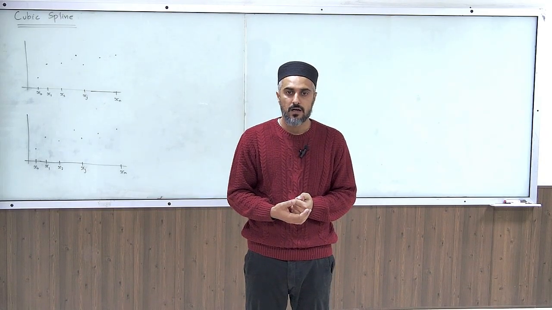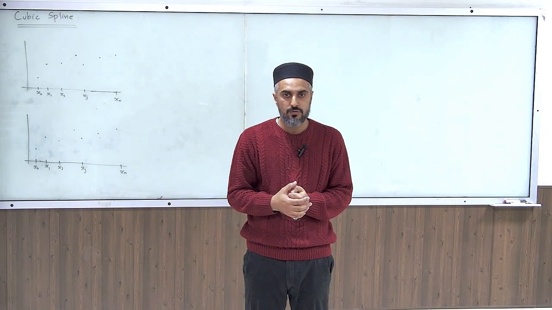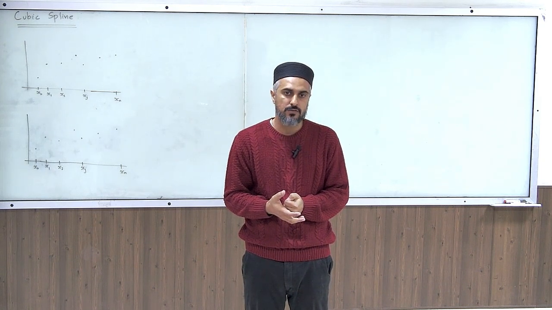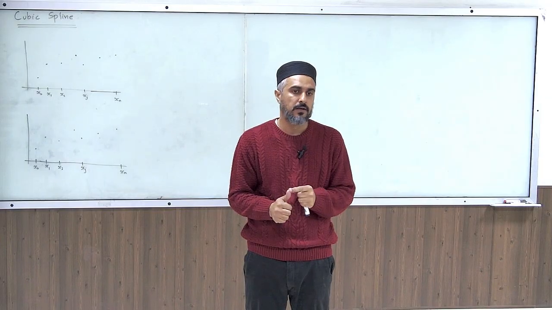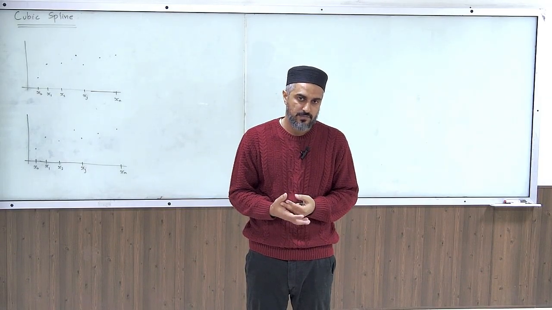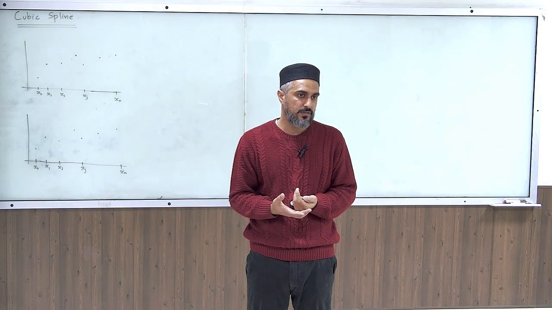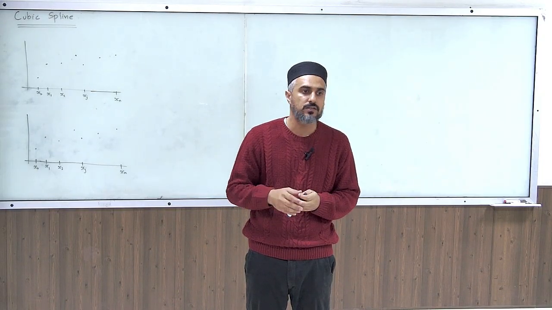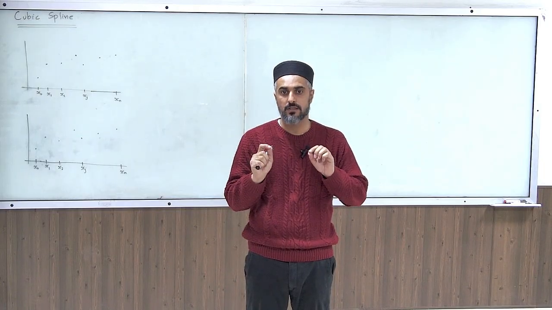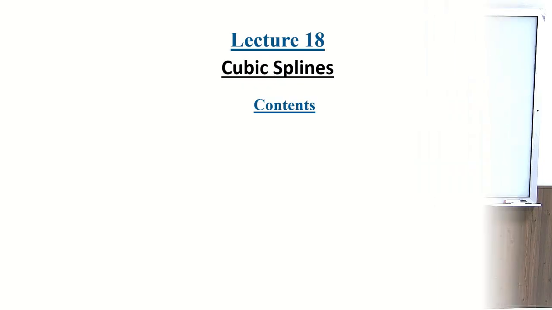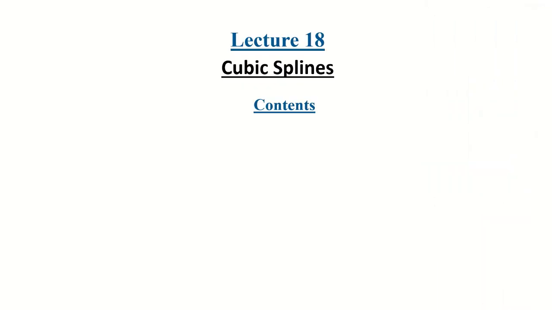Now, coming to the problems that we faced with Lagrange interpolation and the Newton divided difference formula. Number one, when we have large data, the polynomial order will increase. If the polynomial order increases, there will be a lot of fluctuation and oscillation within the data points, which is most of the time not good.